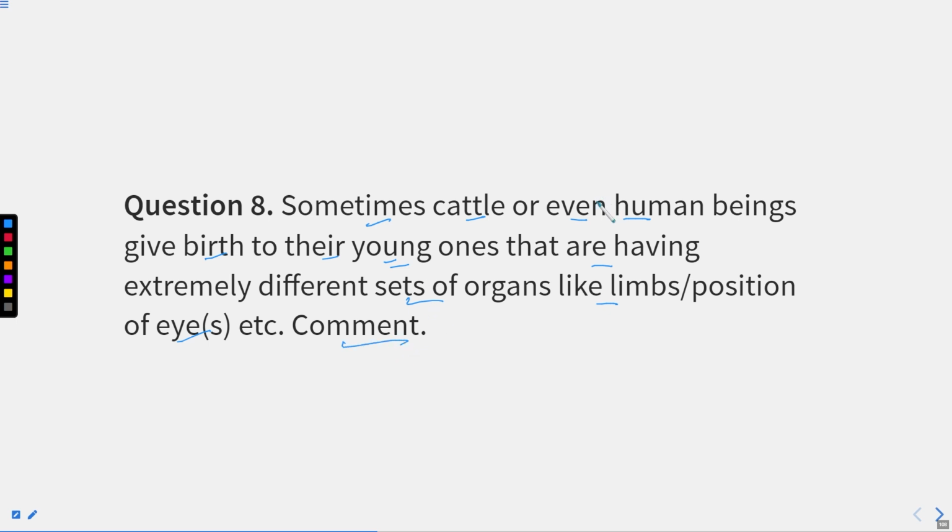Why sometimes in cattle or even human beings, which are viviparous, do the young ones show this? Vivipary means the animals give rise to the young ones. Another one is ovipary, where the animals lay eggs. Now you have to comment on this.